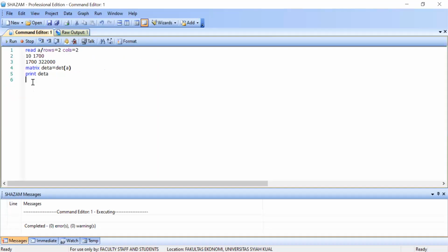The matrix inverse is the inverse of A, meaning A inverse.